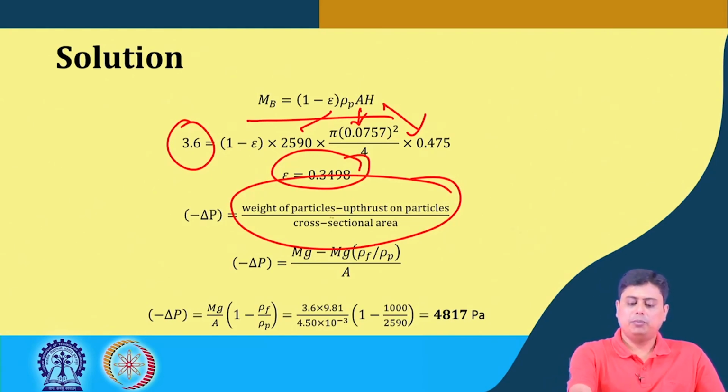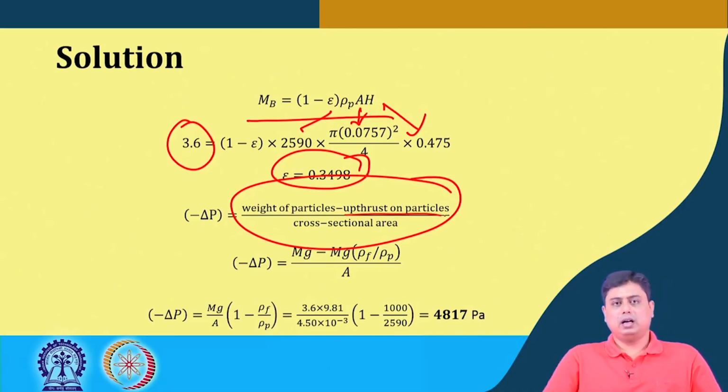So, the weight of the particles minus the upthrust on the particles, divided by the cross sectional area, is basically the pressure drop at the incipient fluidization condition, because this is the balance. Until the bed is fully expanded, this pressure drop will remain unchanged. These are the conditions that we have discussed in detail during the fluidization theory.